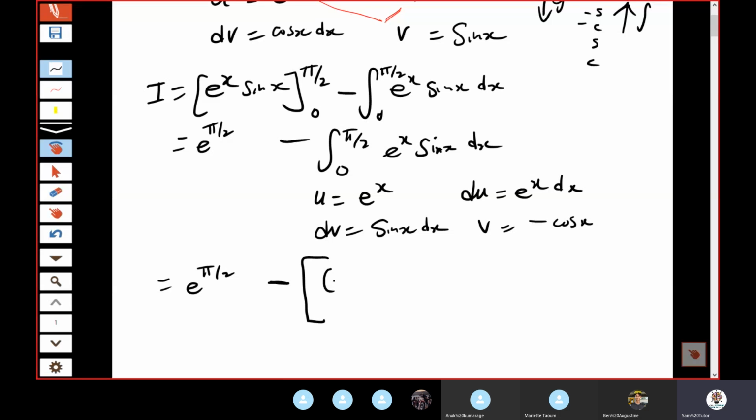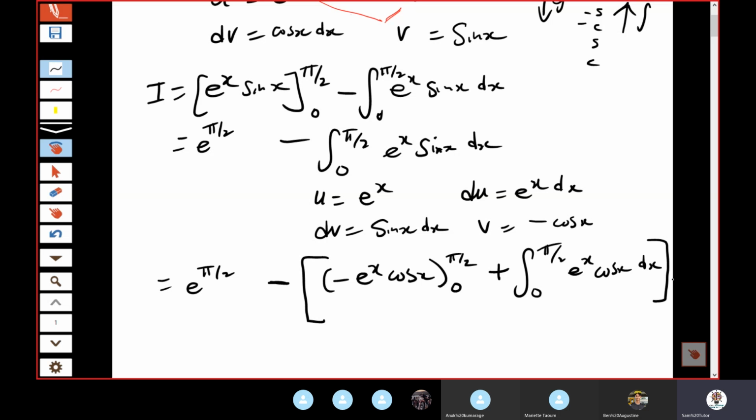That would be negative e to the x cos x, in brackets pi on 2 and 0, minus these two, right? So the integral from 0 to pi on 2 of negative, which makes this into a positive, e to the x cos x dx. Any questions for me just at this point?